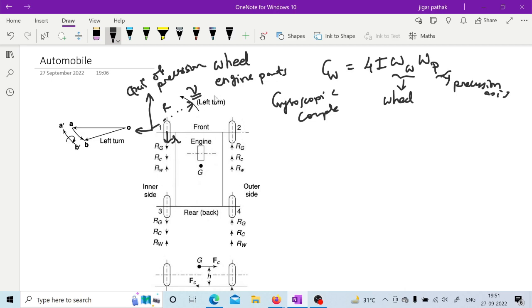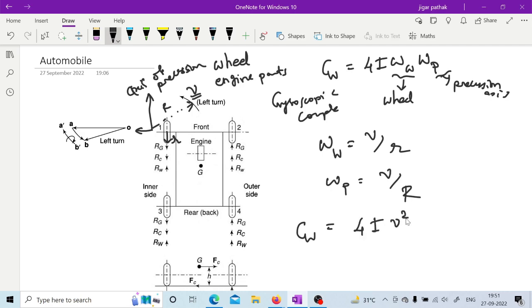So if you consider linear velocity, omega w will be v by r and omega precession will be v by capital R, right? So once you have this idea, the gyroscopic couple due to the rotating wheels will be 4I v square divided by r into R. So this is how you will have this gyroscopic couple.